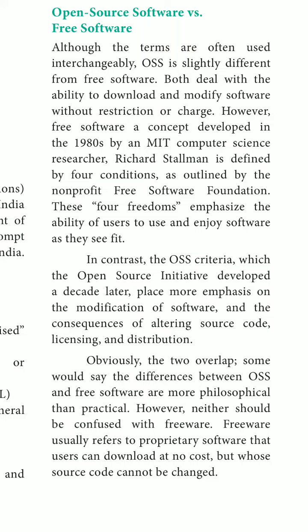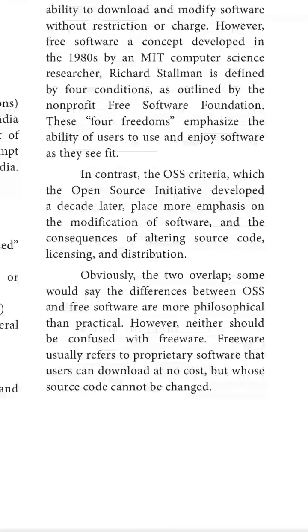In contrast, the OSS criteria, which the Open Source Initiative developed a decade later, place more emphasis on modifying software. So with free software you cannot change or modify, but open source emphasizes modifying the software and the consequences of altering software license and distribution.